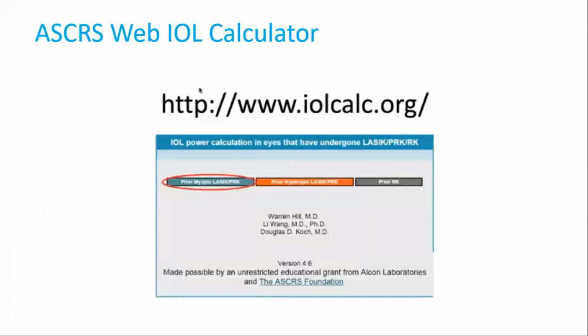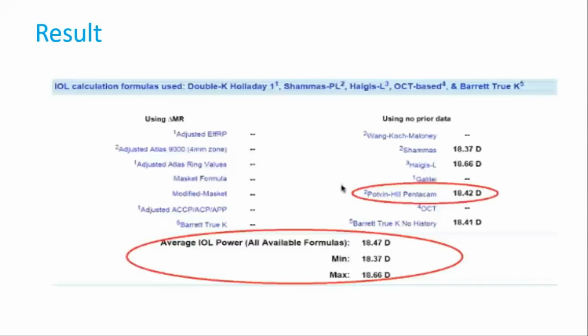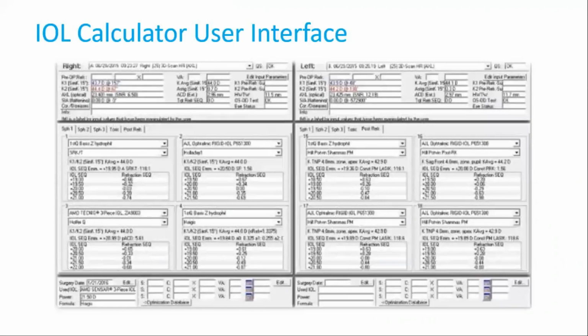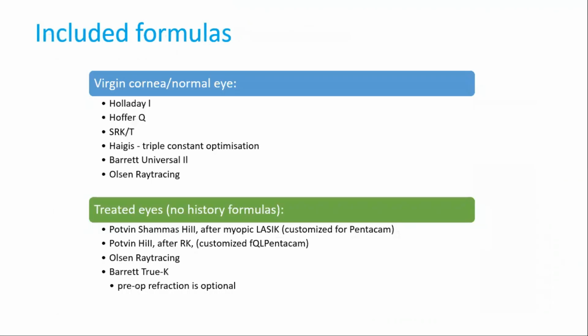So this is how we feed the values into the ASCRS web IOL calculator, which generates a calculated IOL power. And this is the image of basic Pentacam HRA XL and XL wave. In XL wave, we have an extra feature of IOL calculation user interface, and also provision to post-record the surgeries.